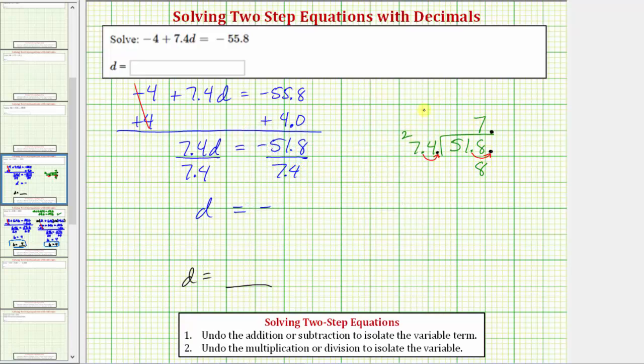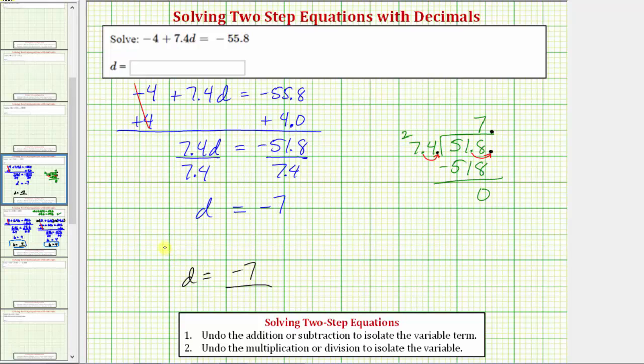From an exchange with the 2, 7 times 7 is 49 plus 2 equals 51. Notice how there are exactly 7 74s in 518 because 7 times 74 is 518. Subtracting, the difference is 0, and therefore this quotient is 7. But remember, our original quotient was a negative divided by a positive, so our solution is d equals negative 7.